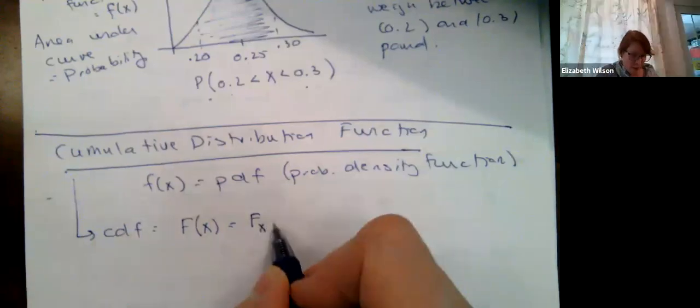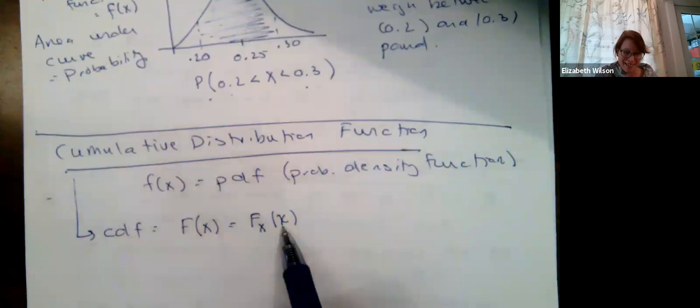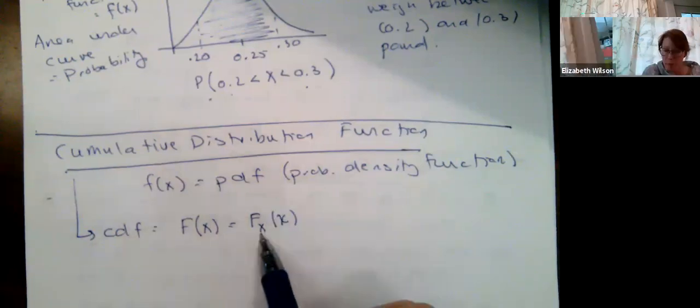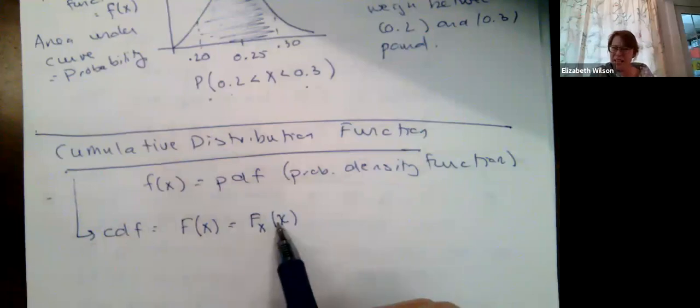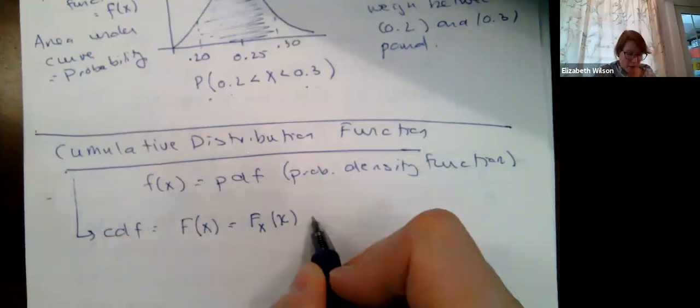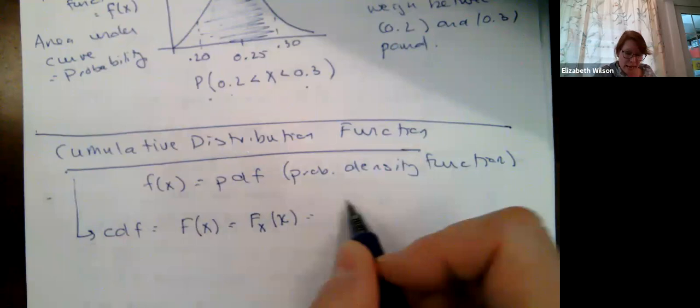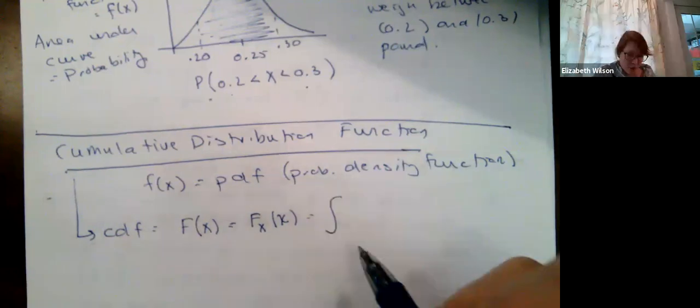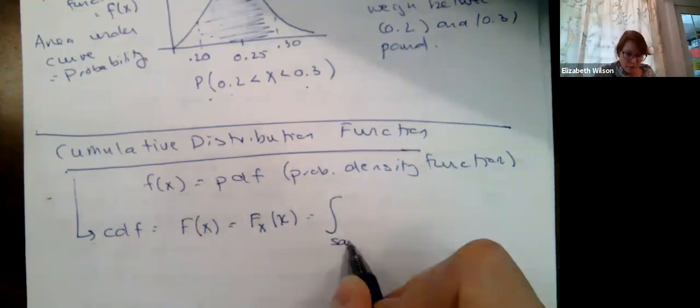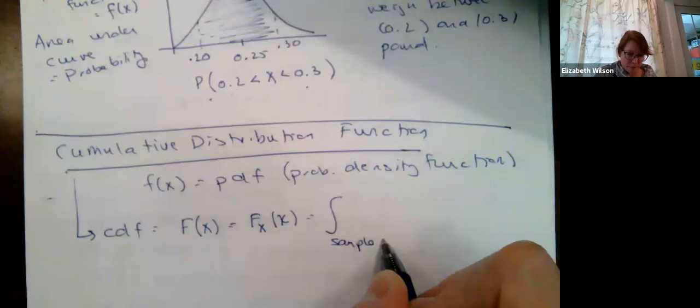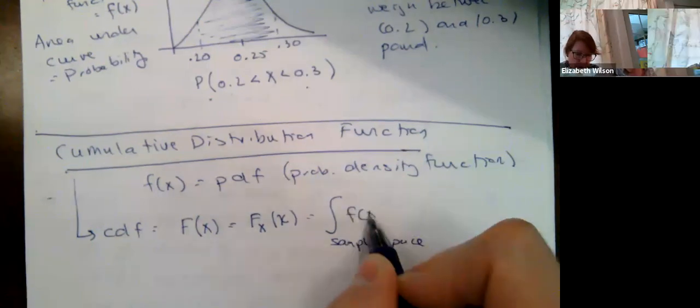And I'm going to say this is a lowercase x, right? So this is the cumulative distribution function of our random variable X, the probability that it's going to take on a particular value, lowercase x. And what I'm going to do is take my PDF and integrate over my sample space, f of x dx.